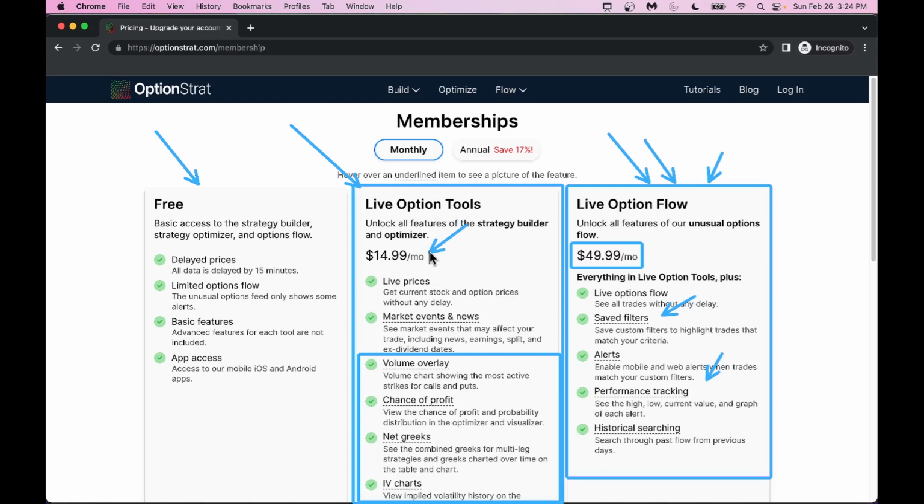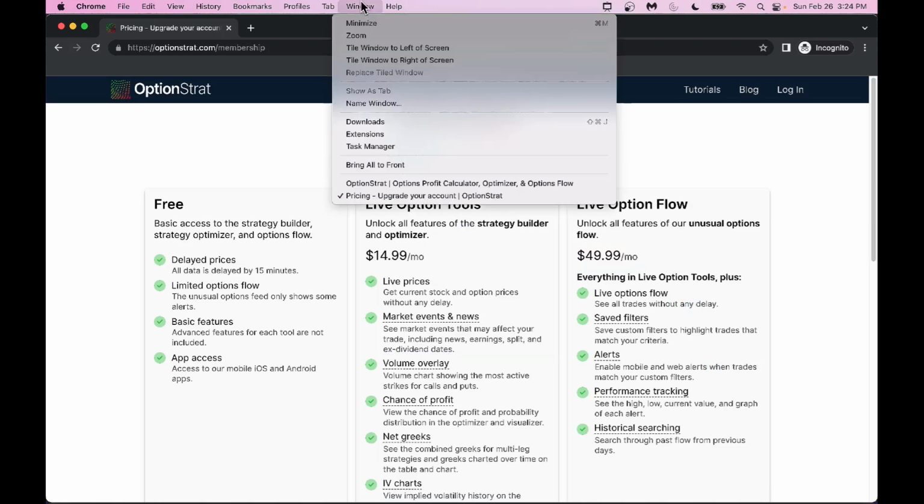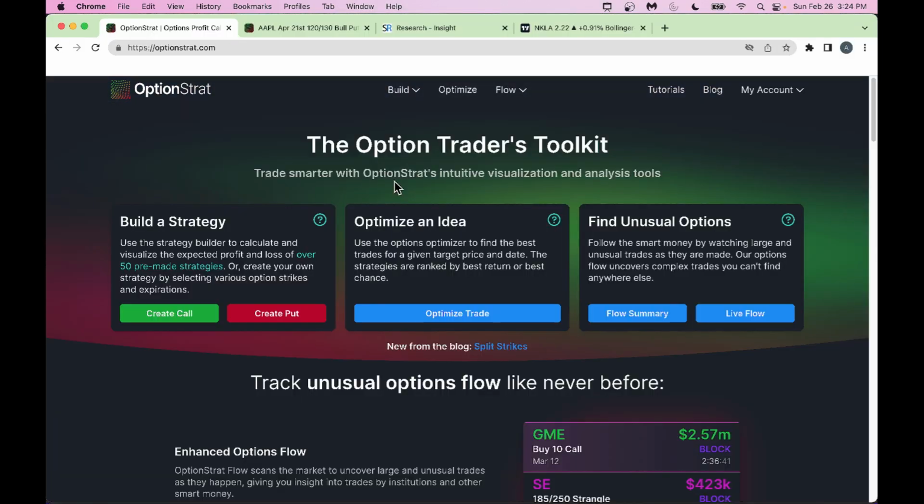Not a huge amount. I think if you go for an annual plan, it's about a 17% discount. It comes to around $150 or so per year, which is a very low amount compared to other platforms. So with that, let's jump in here and go into Optionstrat.